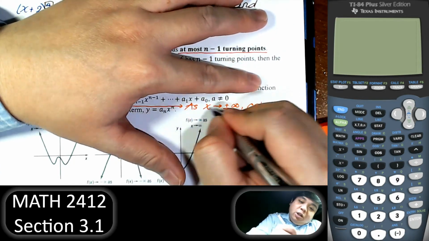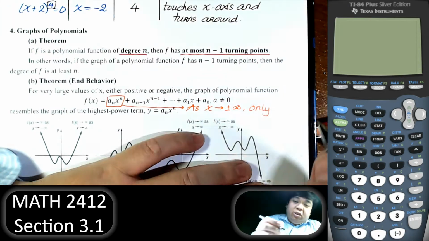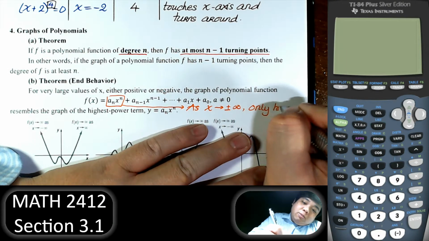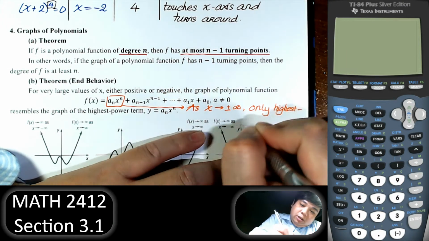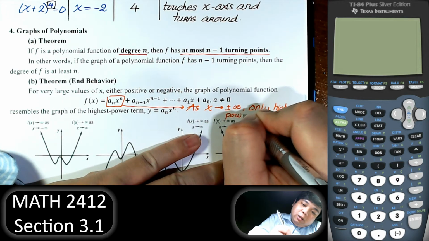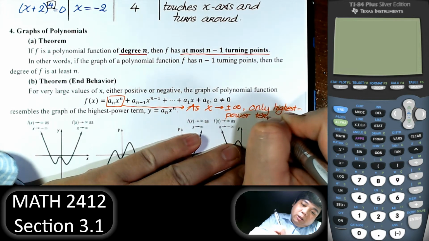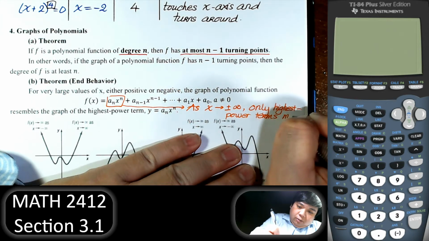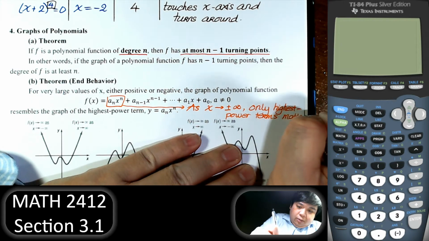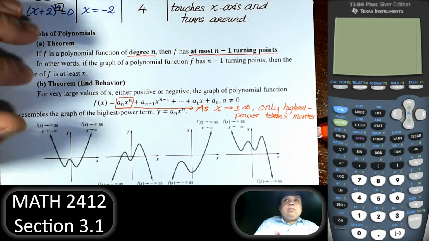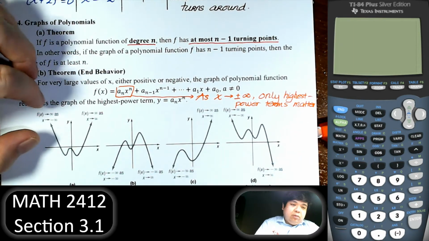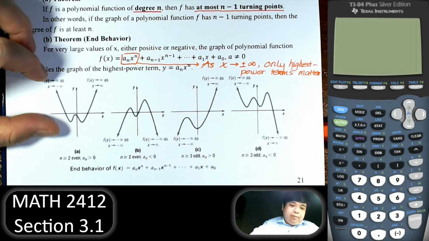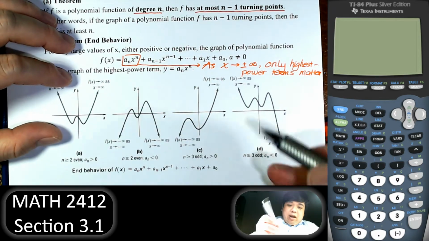So as x goes to plus or minus infinity, only the highest power term matters. We keep that in mind.